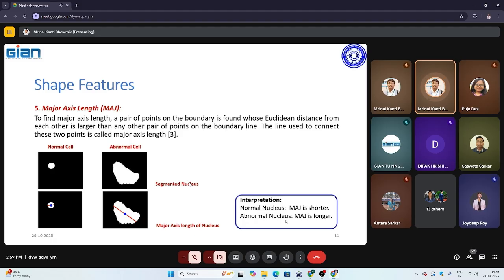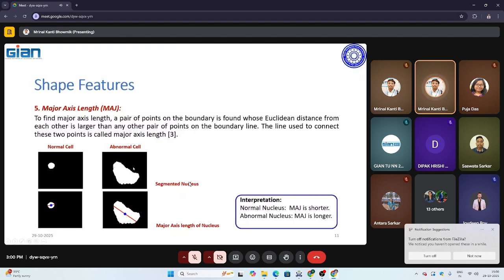Next is major axis length. Major axis length represents the longest straight line that can be drawn through the nucleus boundary. To find the major axis length, a pair of points on the boundary is found whose Euclidean distance from each other is larger than any other pair of points on the boundary line.